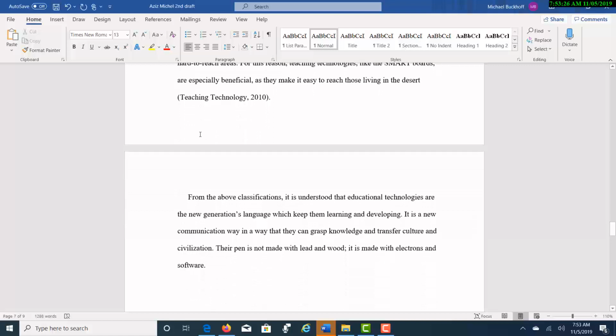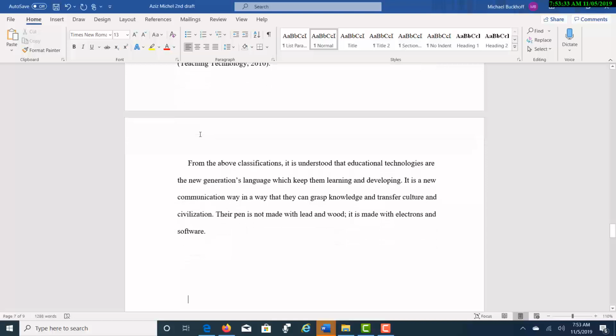From the above classifications, it is understood that educational technologies are the new generation's language which keep them learning and developing. It is a new communication way.